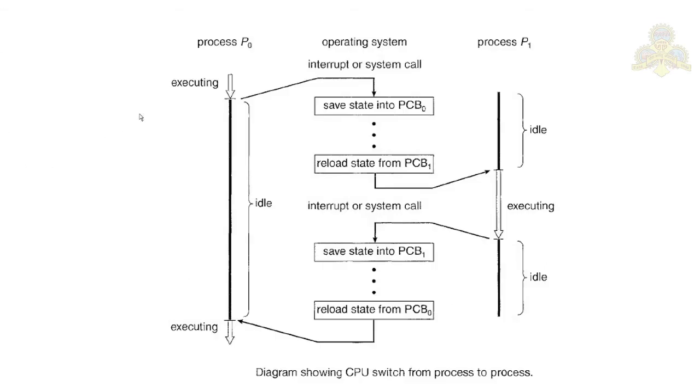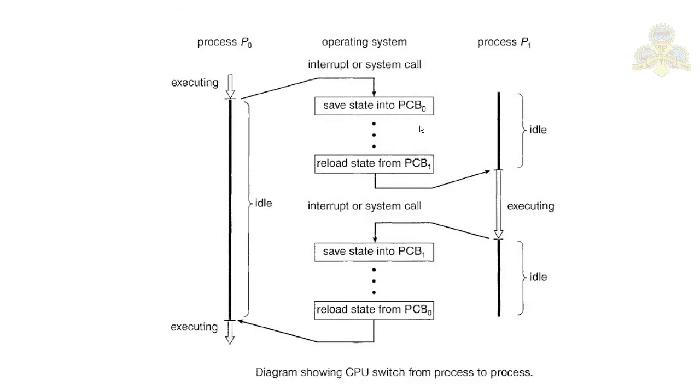Suppose process P0 is executing, and if some interrupt occurs or it makes a system call, at that particular time the state of this process P0, which was running, has to be saved onto its PCB. In the meantime your CPU cannot be idle, right?